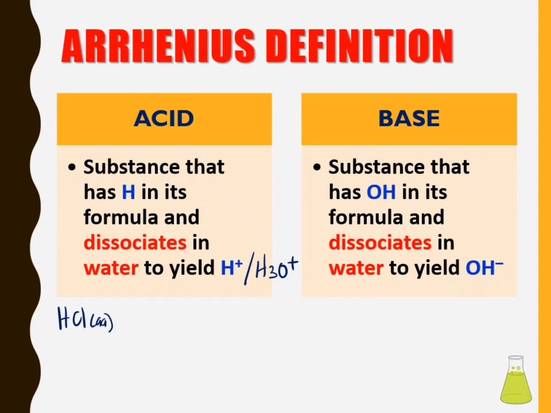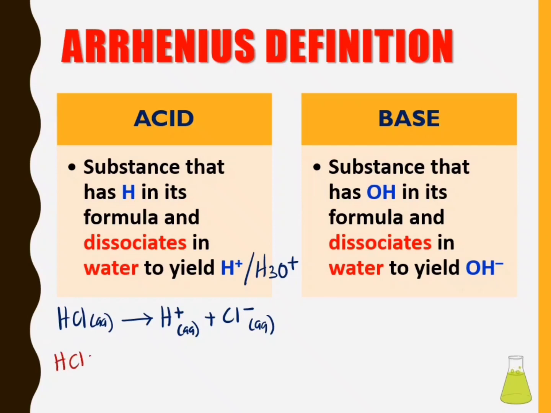HCl acid aqueous solution, so phase dia adalah aqueous. So in this chapter you need to write the phase. When HCl dissociates, it will produce H+ and Cl-. So the phase for these ions should be aqueous, because these ions dissociate completely into water to form the solution. Or you can write like this, showing the reaction between HCl and H2O.